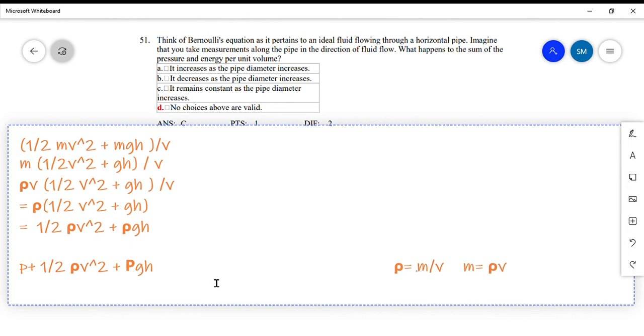According to Bernoulli's equation, the sum of all of this is constant. So it doesn't change if the diameter increases or decreases or anything. The sum of the three things here is constant. So the answer is C. Actually, if you know Bernoulli's equation, you have to answer this question without all of these steps. But I wanted to prove it to you.